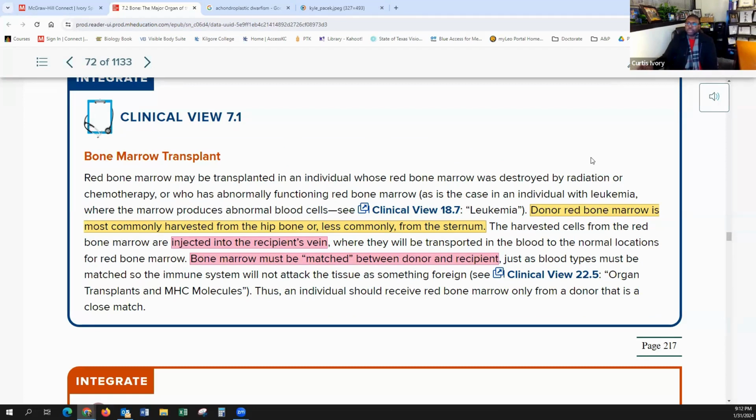Essentially, if you're going to get a red bone marrow transplant, you have to make sure you match it up with someone else's marrow that's going to be like yours, just like a kidney transplant.